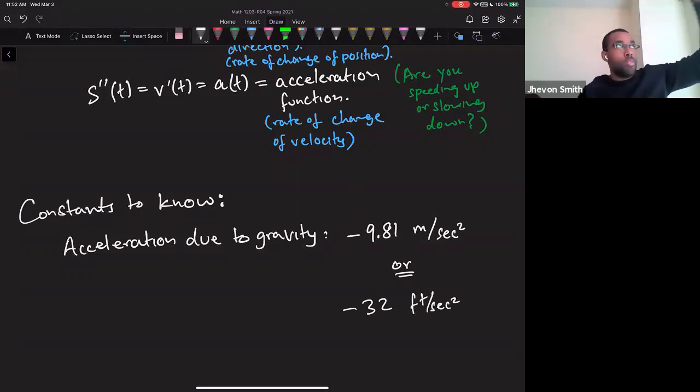So if you're above the Earth at some point and you drop something, after 1 second, it will be traveling at 32 feet per second. After another second, it will be traveling at 64 feet per second. Eventually, it's going to hit something called terminal velocity where it doesn't actually speed up anymore. But until that point, every second that passes, it will add 32 feet per second to its current speed.